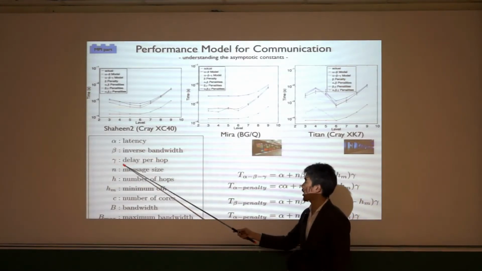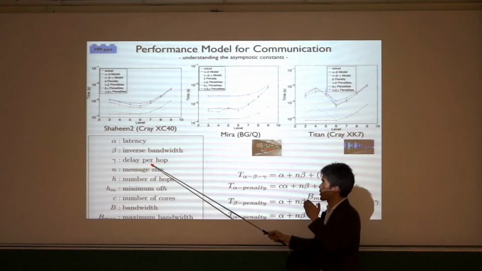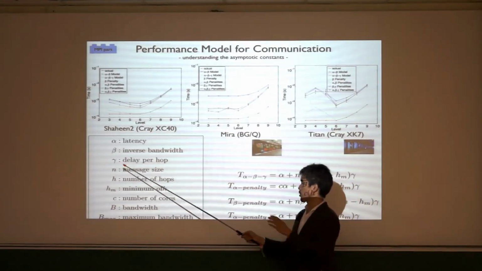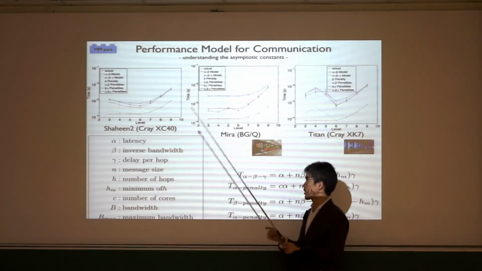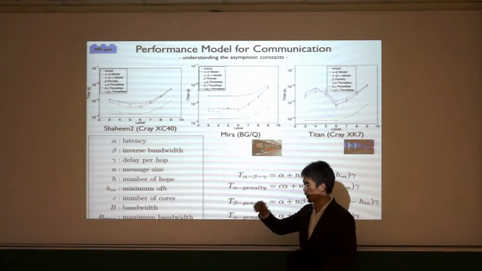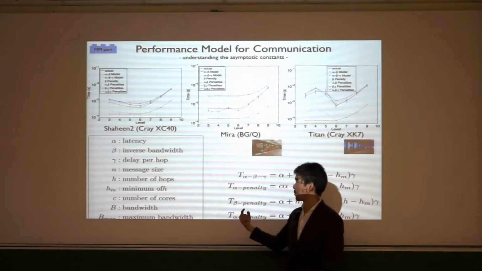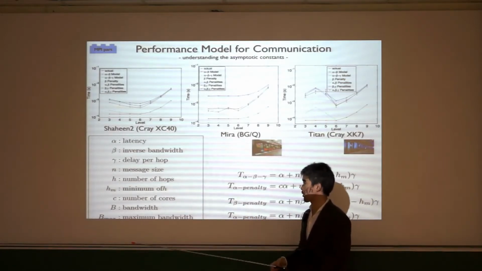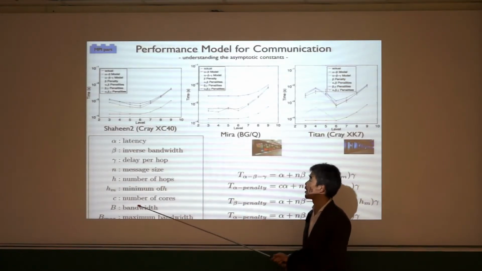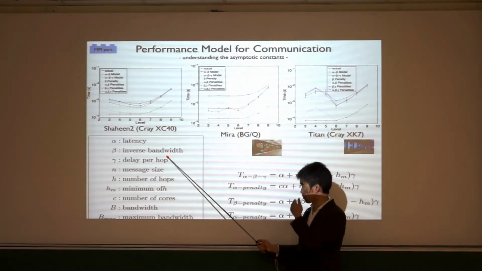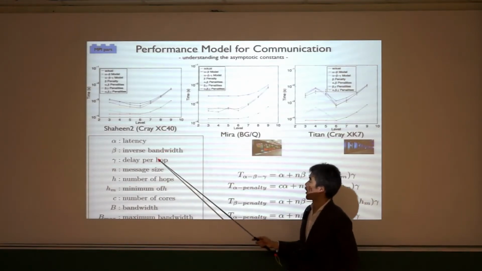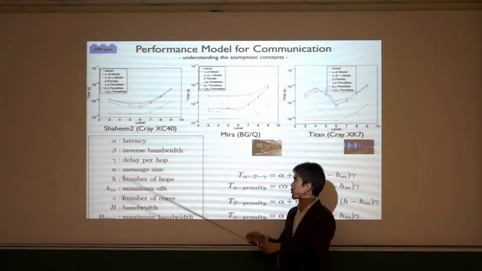Since the network I discussed for large computers is not just one switch connecting all the nodes, but multiple switches connected in more than 3 dimensions or more densely, you hop through the network.